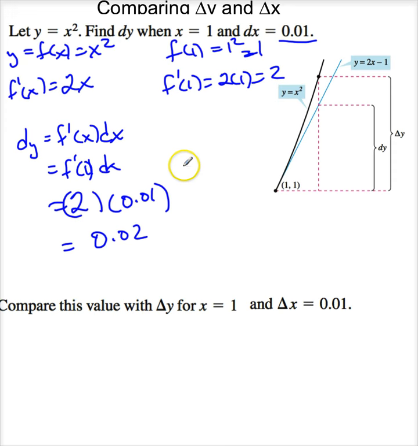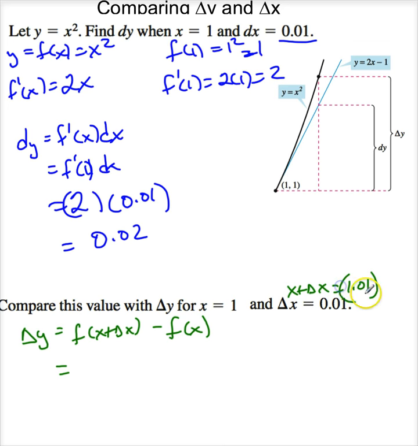Now let's compare that to delta y when x is 1 and delta x is 0.01. Now delta y is f of x plus delta x minus f of x. All right, so I'm just going to plug this in. f of x plus delta x, well, x plus delta x is 1.01.